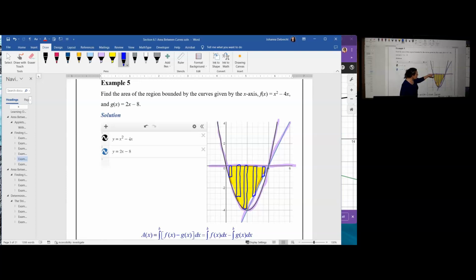Let's take a look now at what we have in our strips. We can see that we always have the x-axis on top. And the graph of the x-axis is simply y equals 0. So we always have that y equal a constant 0 on top. But the bottom changes. On the left side of where the line and the parabola intersect, it's the parabola that's on the bottom.